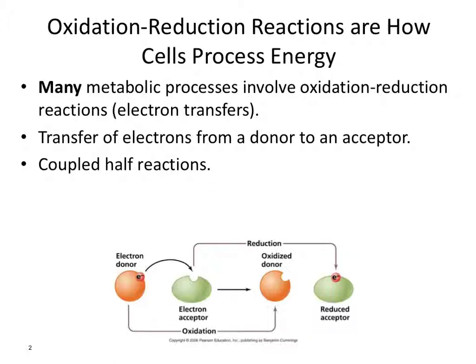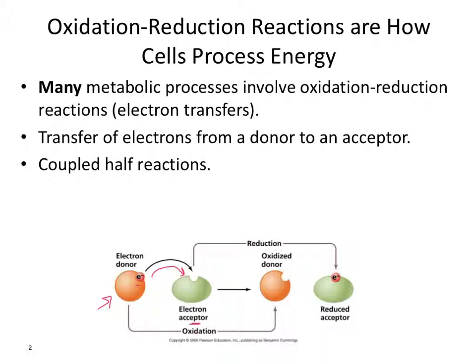Each summed or total redox reaction consists of two couples or two half reactions, a reduction reaction and an oxidation reaction. So in this little cartoon here, we have an electron donating molecule shown over here in orange. It's got an electron and it is donating it to this green electron accepting molecule.